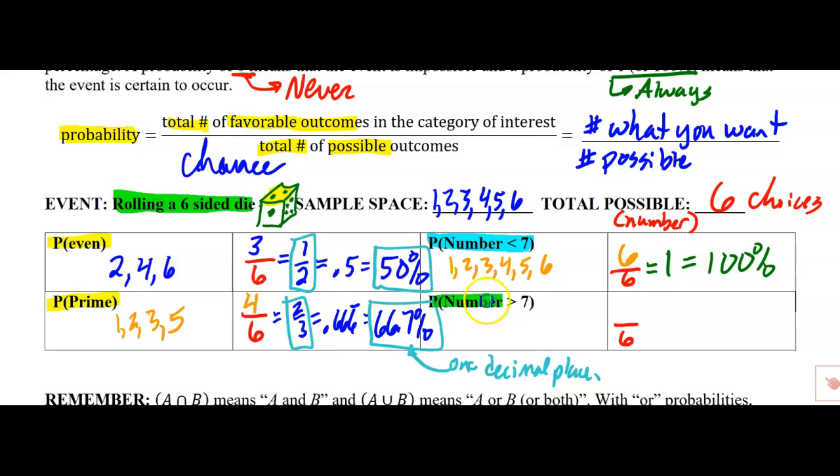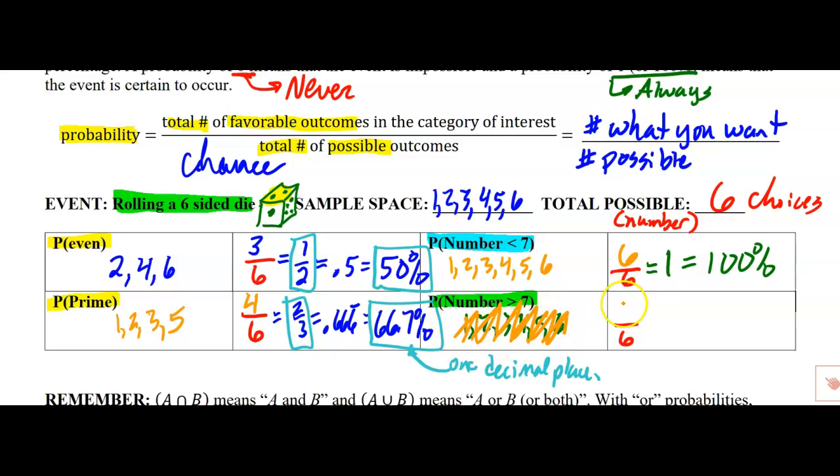Okay? Same idea for numbers greater than 7. Well, if I look at these numbers, 1, 2, 3, 4, 5, 6, which are the numbers I'm choosing from, well, guess what? All of them are smaller than 7. So none of these are actually possible.